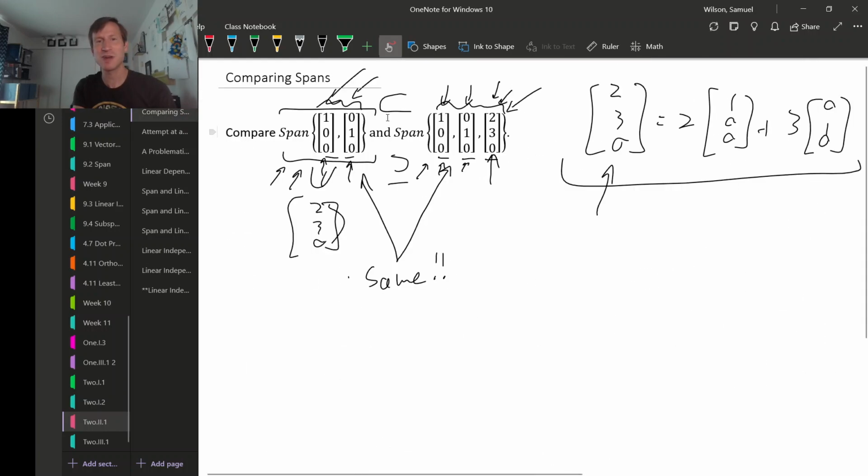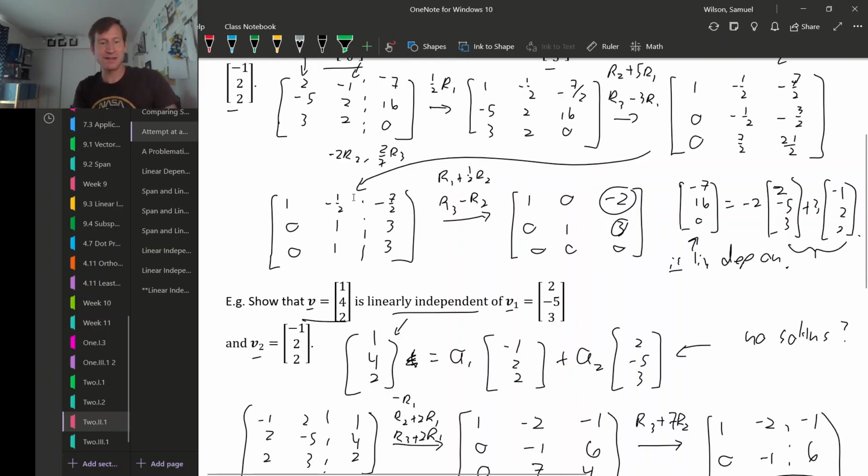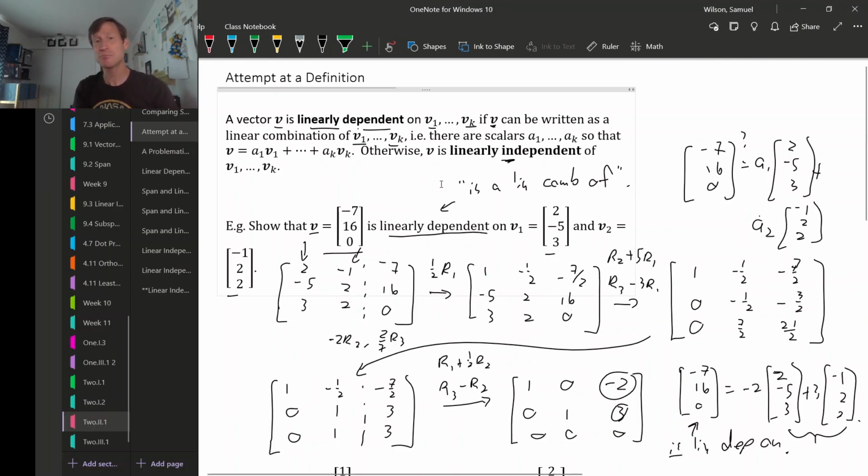It seems like we're capturing, if we look at our example that inspired this situation, this vector, 2, 3, 0, is clearly a linear combination of these two, and so it's redundant somehow. It's not adding anything new to our span. So it seems like this definition of linear dependence and independence is capturing the redundancy idea that we were getting at.